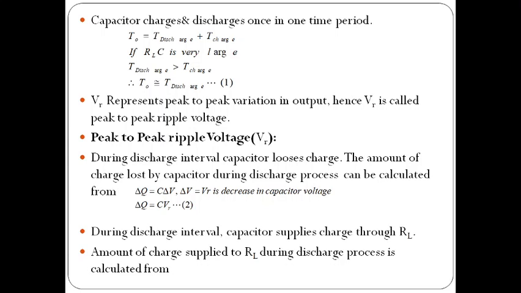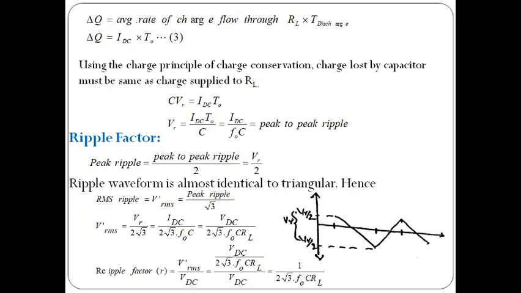During the discharge interval, the capacitor supplies charge through RL. So during the discharge, my capacitor is discharging through the load resistor RL. Charging is through the diode, discharging is through the load resistor. Now the amount of charge supplied to the load resistor during the discharge period is calculated.